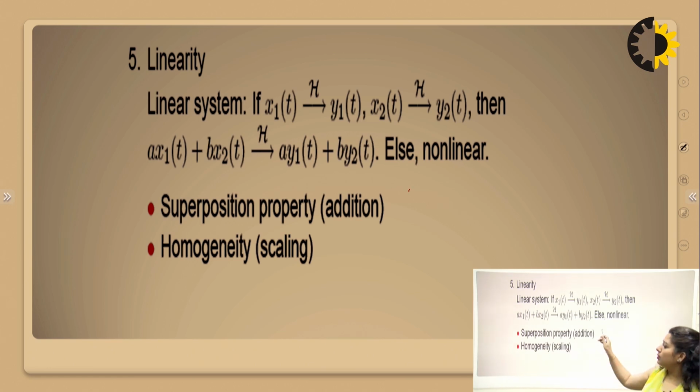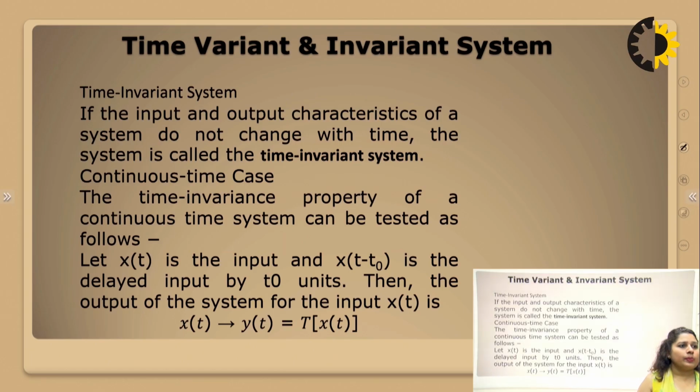So there are two properties, superposition and homogeneity. We apply these properties to the system and check whether the output is the same as a y1(t) plus b y2(t). If it is, then it is a linear system, otherwise it is a non-linear system.